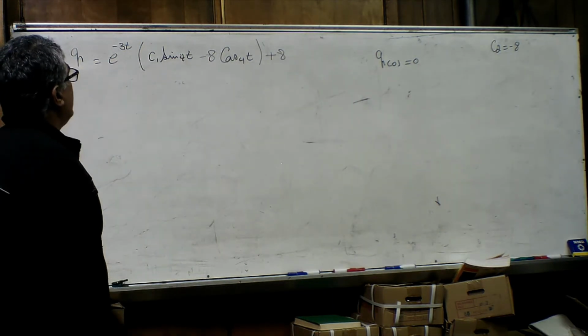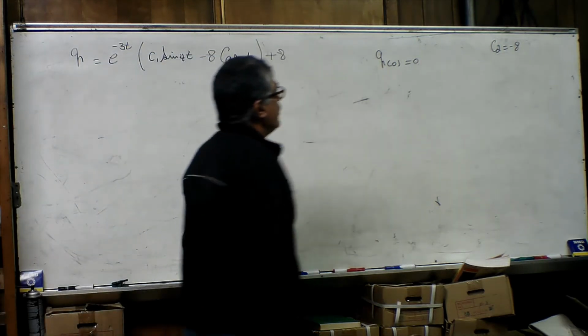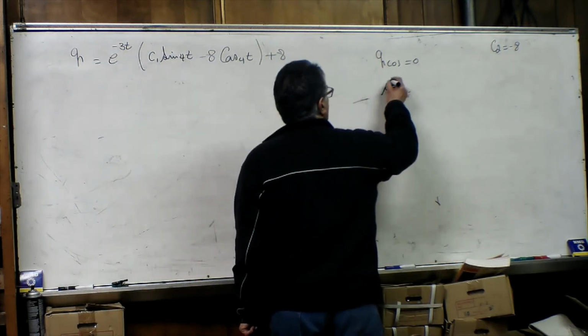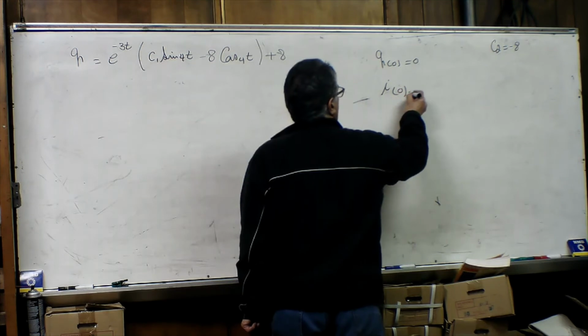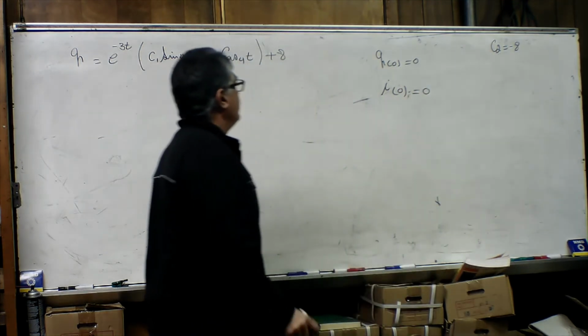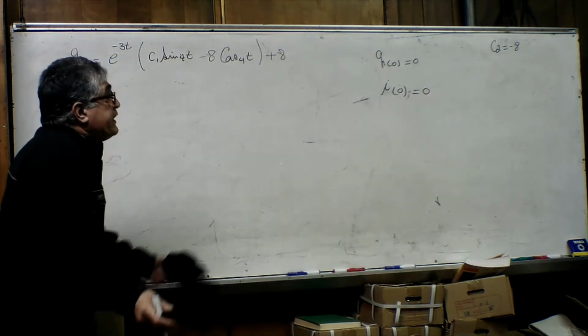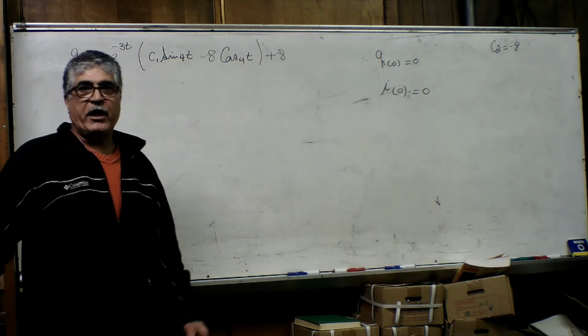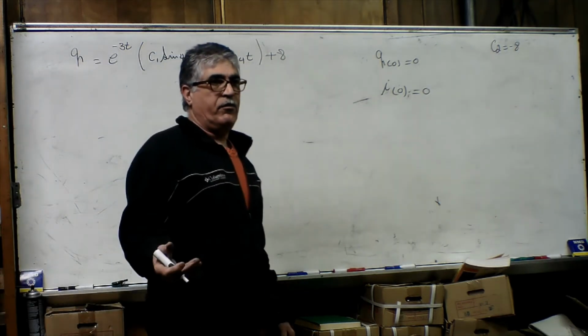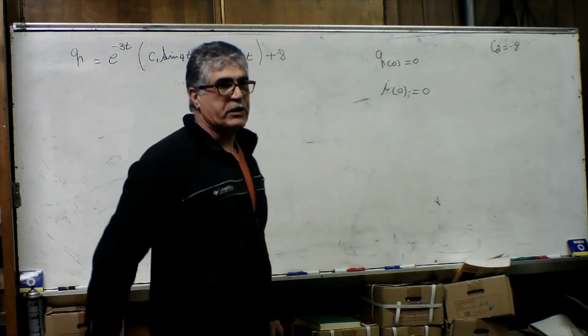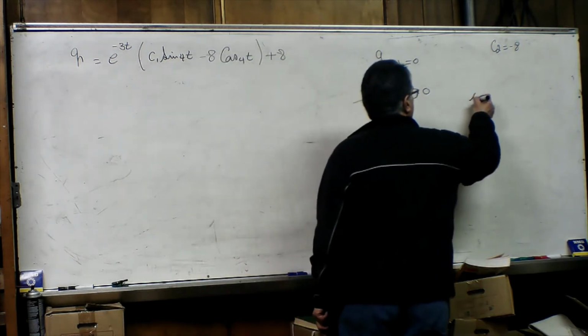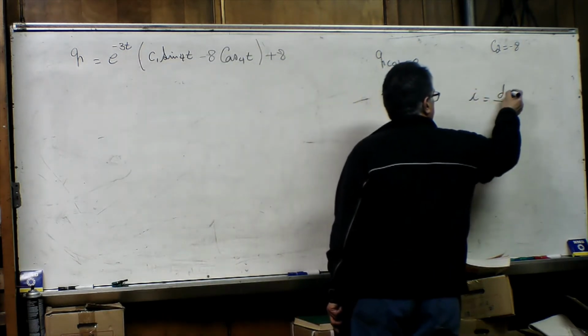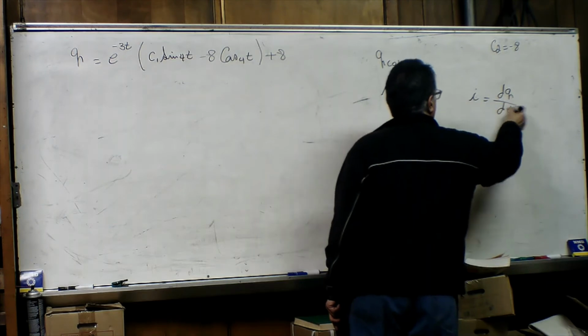Now we also had another initial condition, our current when time is 0 is equal to 0. And we said that the current by definition is the rate of change of charge with respect to time. So I is equal to dq over dt.